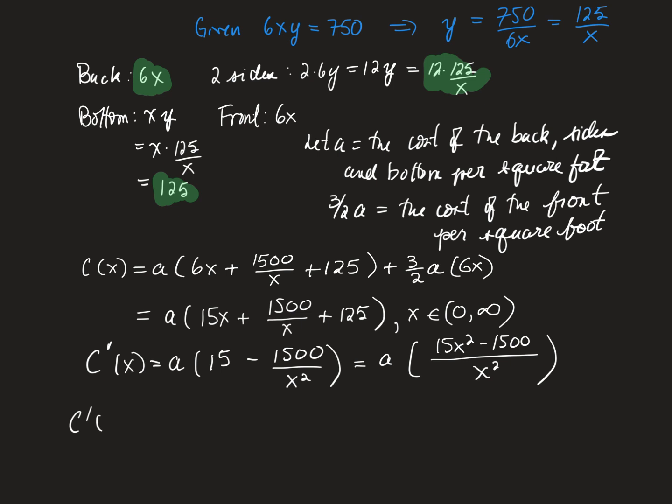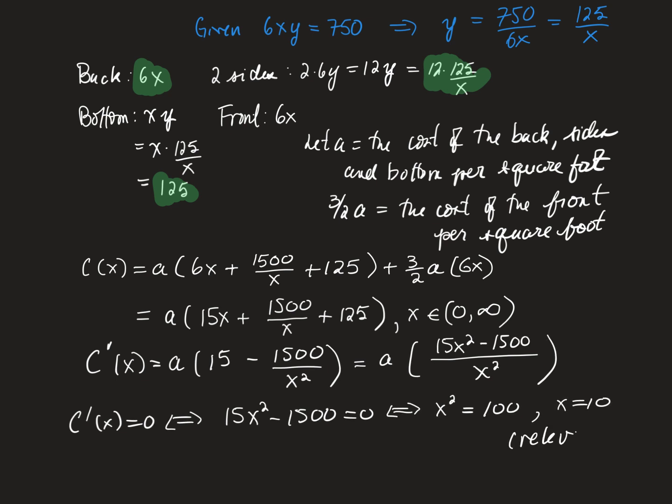And so C prime of x will be 0 when the numerator is 0. That's going to happen when 15x squared minus 1500 is 0, or when x squared is equal to 100. Technically there are two solutions to that, x equals plus or minus 10, but of course the only relevant critical number here is x equals 10. So I'm going to deal with x equals 10. That's my relevant critical number.